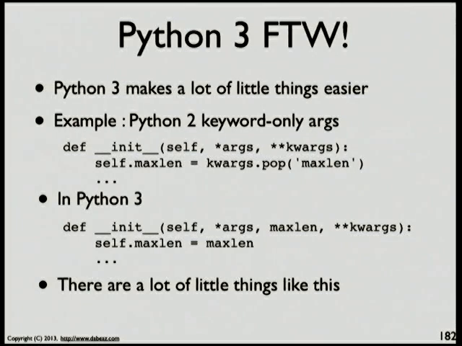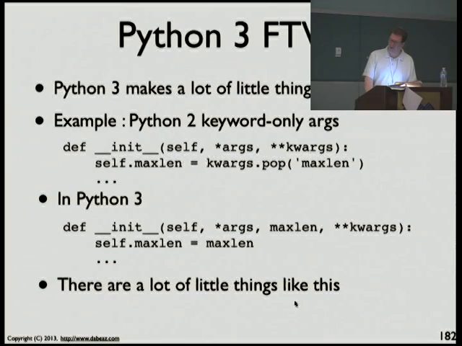I think there are a lot of little things in Python 3 that just become easier, like keyword-only arguments. You could say that's such a minor feature, but it opens up all sorts of interesting things, like mixing keyword arguments with star args and composition of functions. It's a little weird.